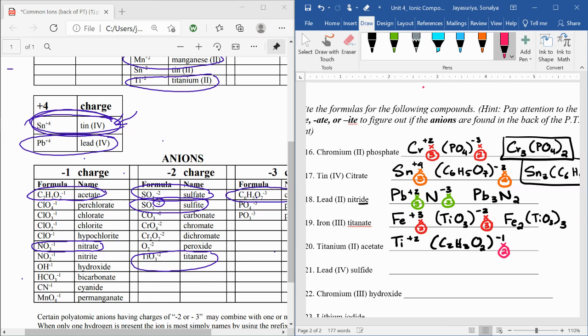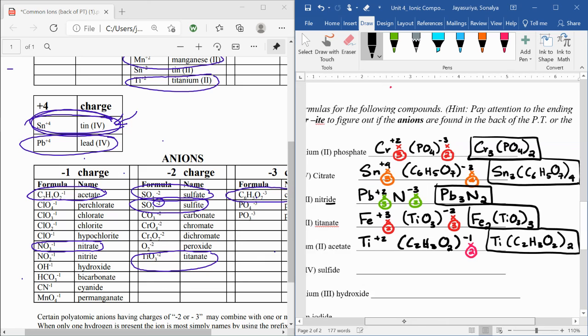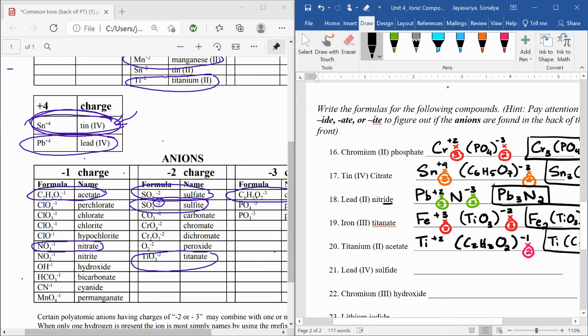So you have +2 and -2. So your compound is going to be Ti(C2H3O2)2. You need 2 units of the acetate. All right? And you put boxes around these so you know that those are the actual final answers. The rest of it is all work, which is also very important and it's required on the test.